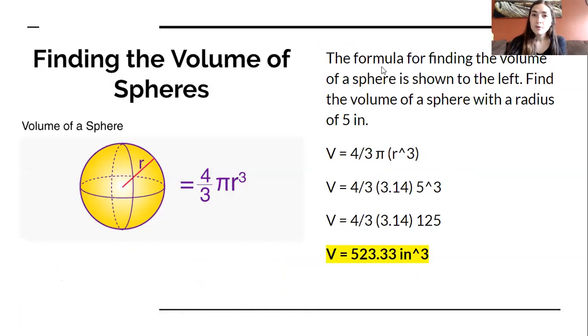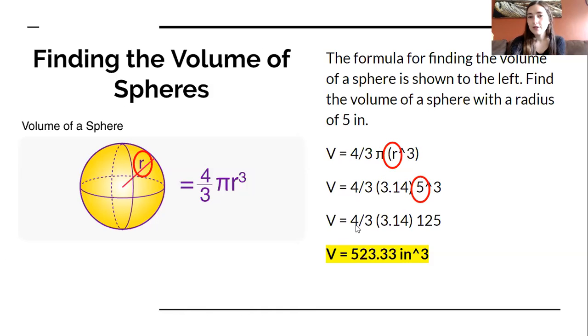The formula for finding the volume of a sphere is shown right here. The volume is equal to 4/3 pi r cubed. That's 4/3 times pi times our radius times our radius times our radius. Remember, cubed means multiplying by itself 3 times. First, we identify our radius. It says the volume of a sphere with a radius of 5. So in our formula we plug in 5.